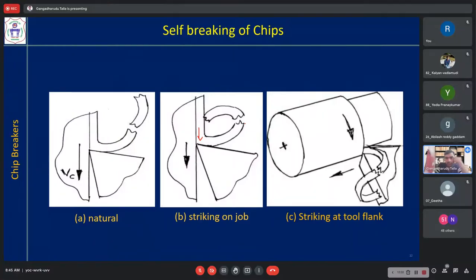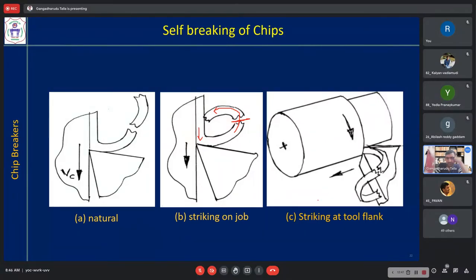Even then, if it is not breaking, in some conditions, because all the materials will not have the same properties, some very ductile materials may not break due to strain hardening, etc. In some cases, the chip will curl like this and hit the workpiece. Due to that, some stress will form at some location, and it will break. This is how the chip is breaking, by hitting the workpiece here.